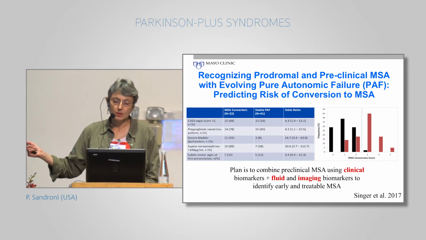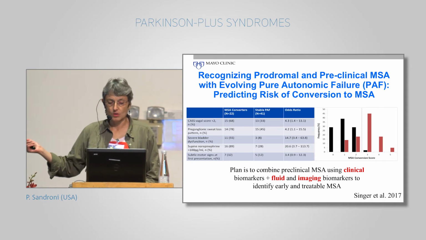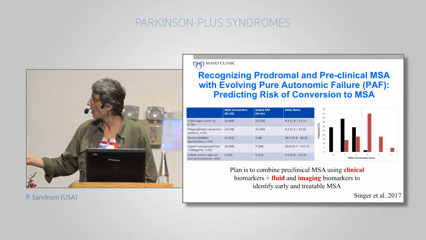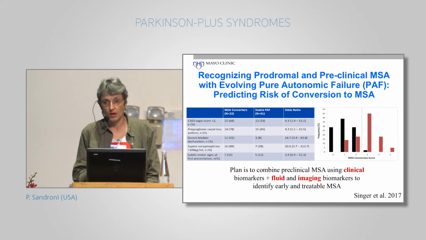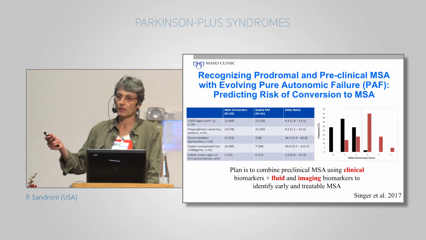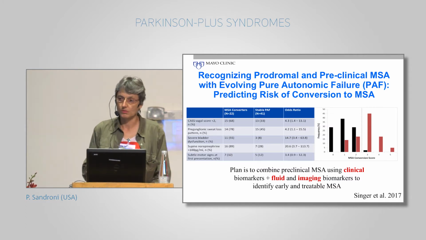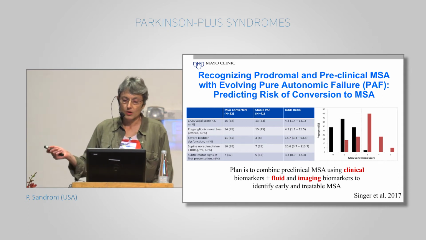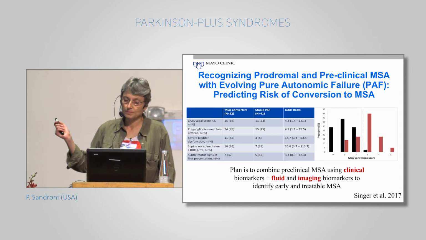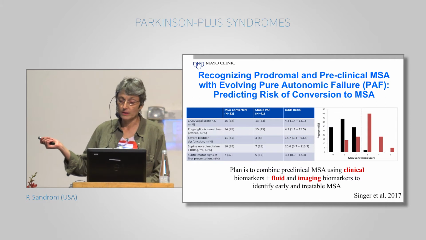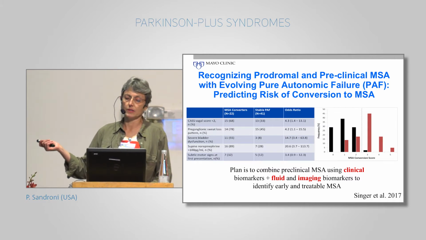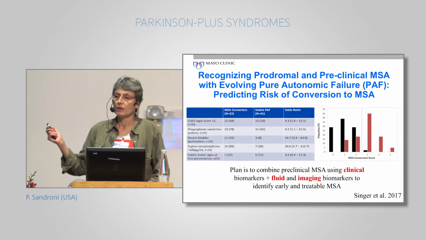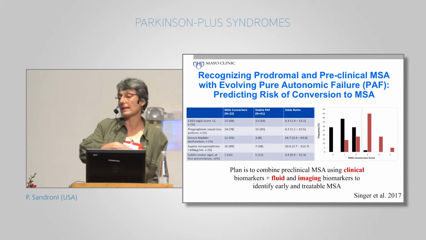The one that clearly points to a higher risk of conversion is the presence of severe bladder dysfunction at the onset or at presentation, that the patient has a higher risk of evolving into MSA, or if they have a supine norepinephrine baseline, when they are supine, greater than 100 picogram per ml. In pure autonomic failure, usually they are less than 100.